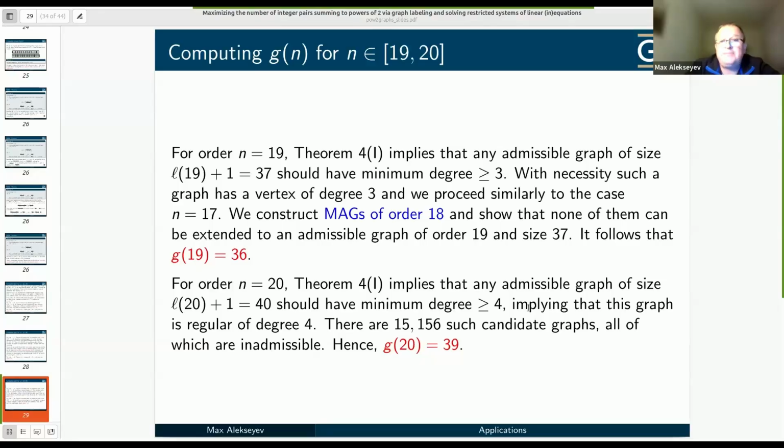And for order 20, we noticed that this is the first time the minimum degree is bounded by 4. And therefore, the number of candidate graphs is relatively small, thanks to this bound for the minimum degree. So there are just 15,156 candidate graphs, so we can go over them all and test for admissibility, and it turns out none is admissible, so g of 20 is 39.